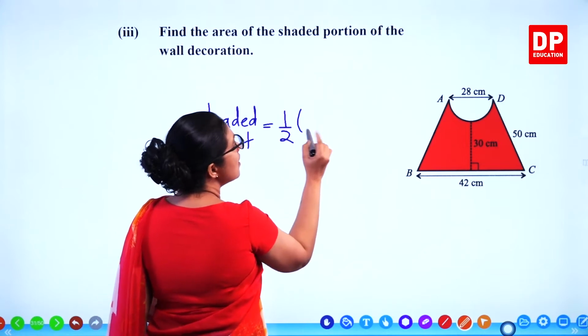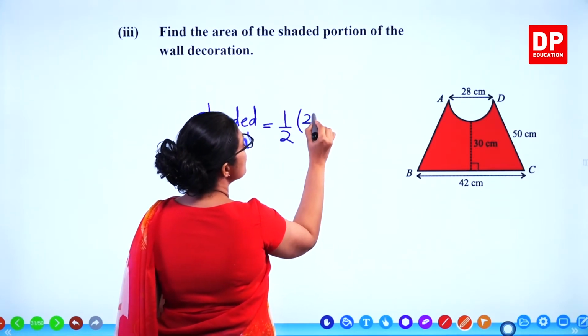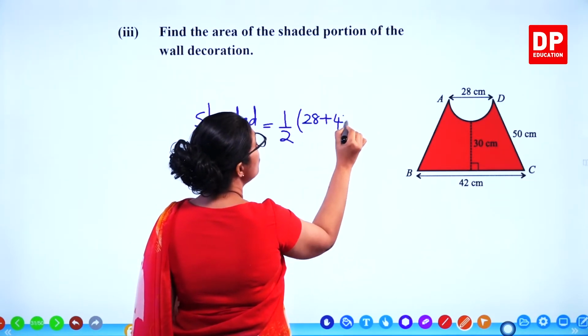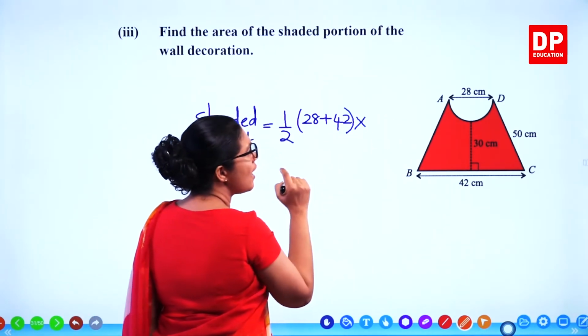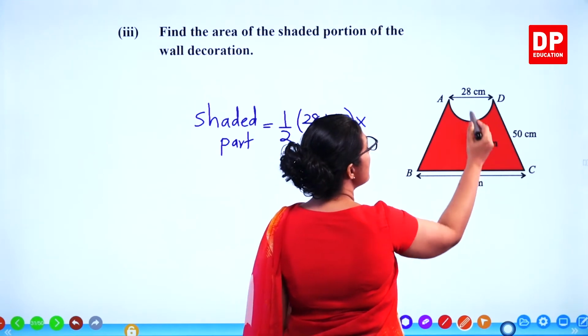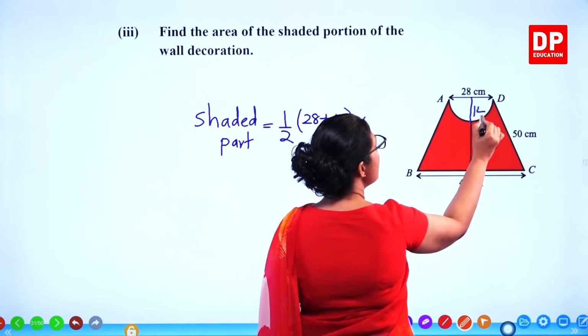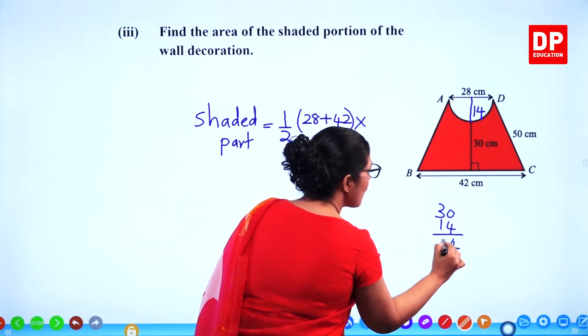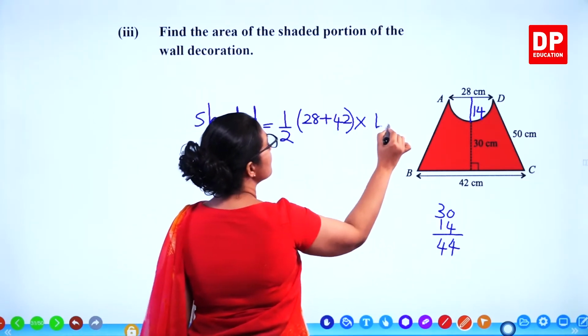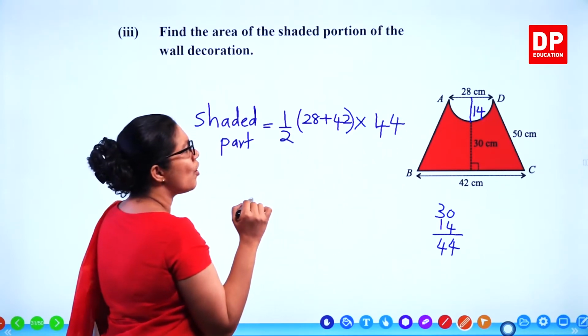Half sum of the two parallel lengths, 28 and 42, and then multiply by the perpendicular height. This is 30 and this is 14, that's the radius. 30 plus 14, 44. You can multiply by 44.